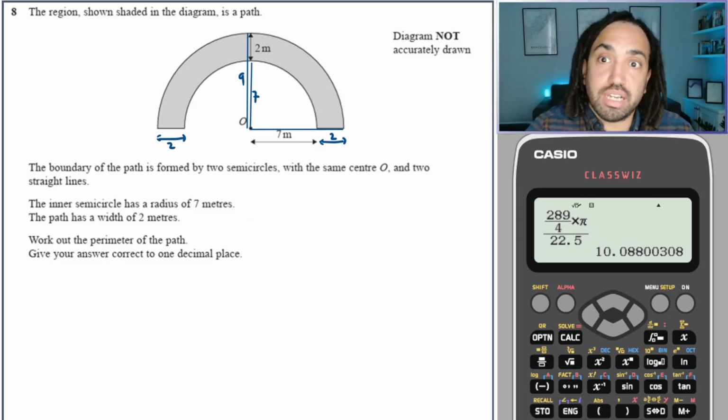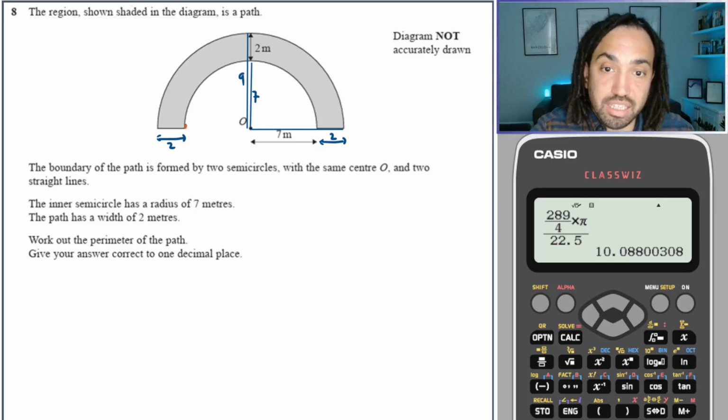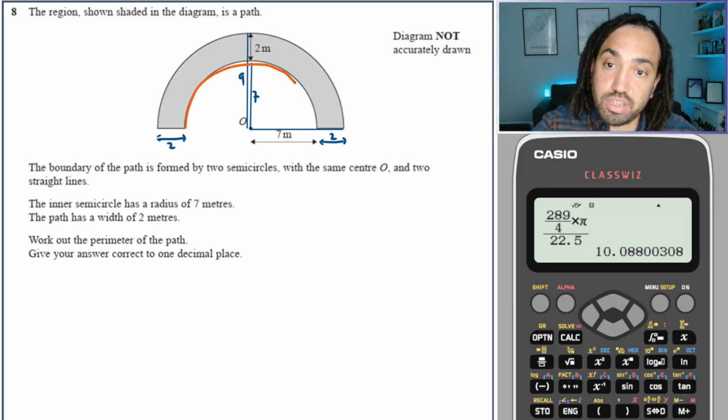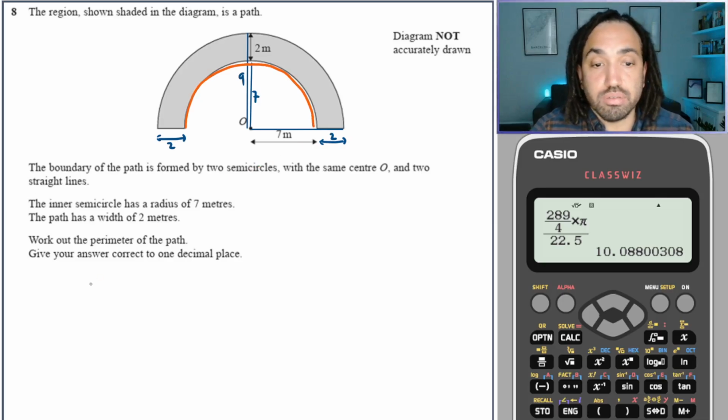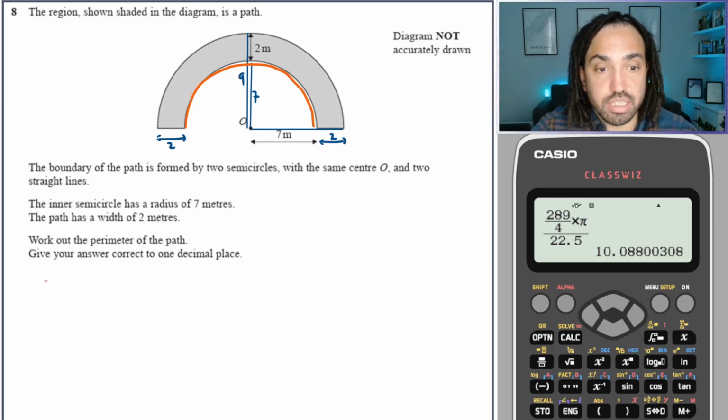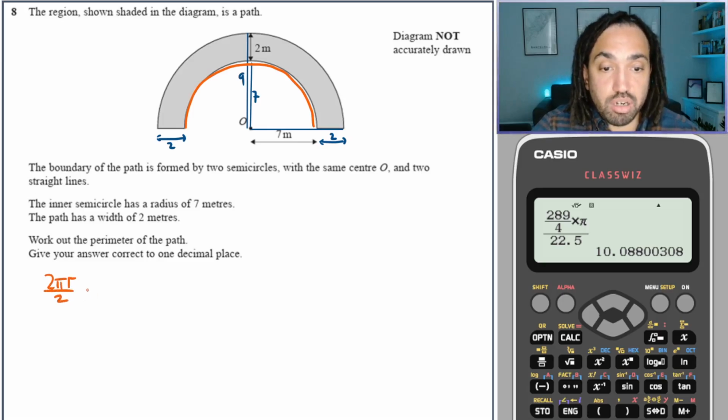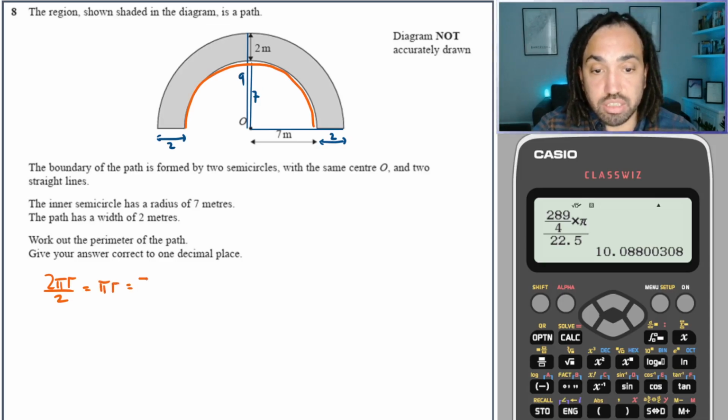So what I need to do now is just find the perimeter of the inner circle, so I'll do that first. So the formula for the circumference is equal to 2 pi r, but because it's a semicircle we're halving that, so that's just pi r, which in this case is just 7 times by pi, so 7 pi.